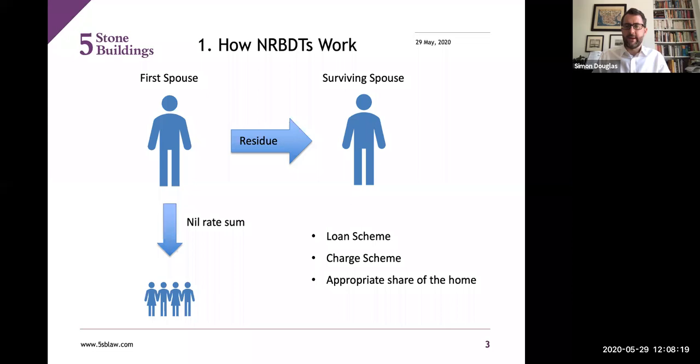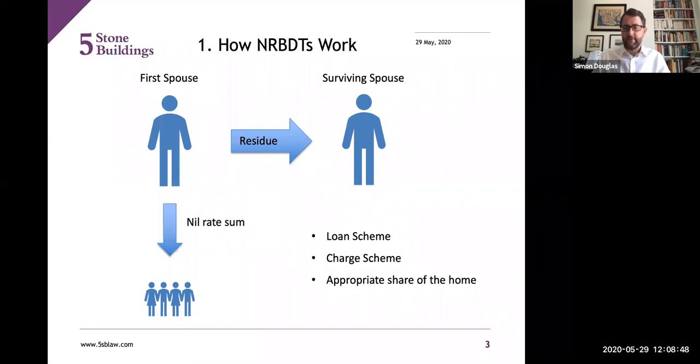So the idea then is that when the surviving spouse dies, their personal representatives will actually have to pay sums back over to the trust, either through discharging the loan or by recognizing that part of the family home never formed part of the surviving spouse's estate. So whichever way you do it, you're reducing the value of the surviving spouse's net estate. And that means that there is less inheritance tax to pay.